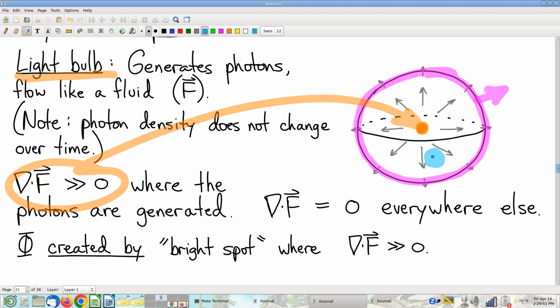There's no photons coming from there because there's no light bulb there. And as such, if you compute the divergence, you get 0. Now, I emphasize there will be photons passing through there, sure. And so there are some photons coming out of that region.